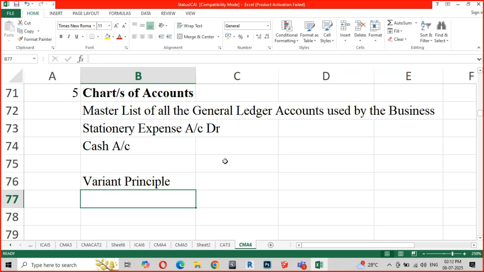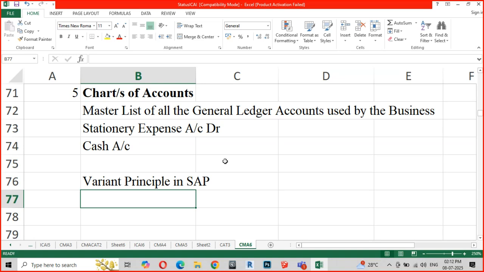Variant is nothing but an entity. That is all. So what is the variant principle followed in SAP? Not only in the finance module, it is uniform. This variant principle applies to all the modules.